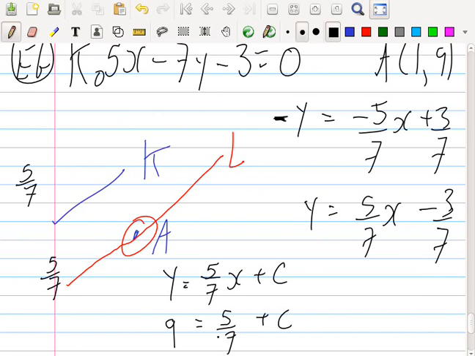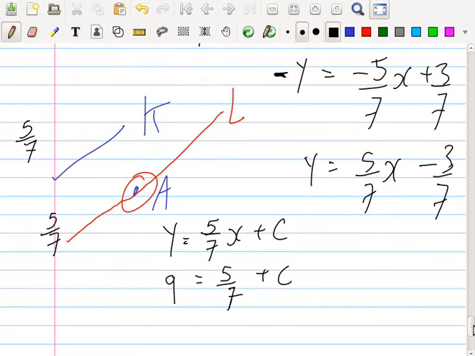So c is going to be 9 minus 5 sevenths, which is 59 over 7 or something. Not sure. Well, that's what calculators are for. It's 63 over 7. C equals 63 over 7.